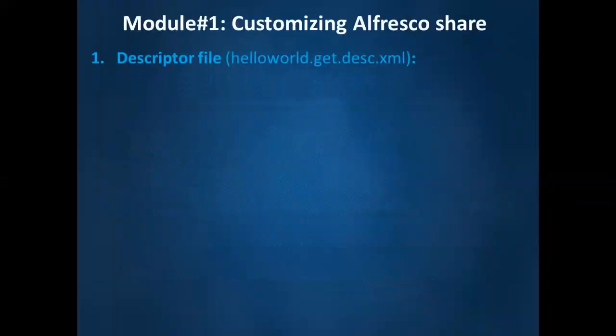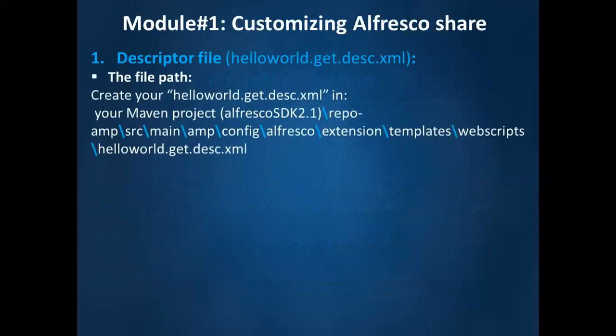Let's move to see the details of each file, starting with the descriptor file. Now let's see the file path of the descriptor file. Create your descriptor file in your Maven project. First you need to create your Maven project.